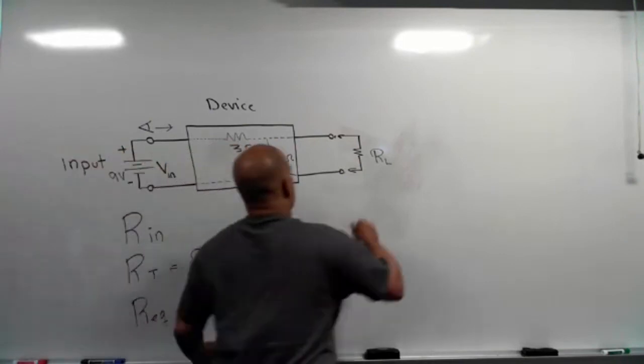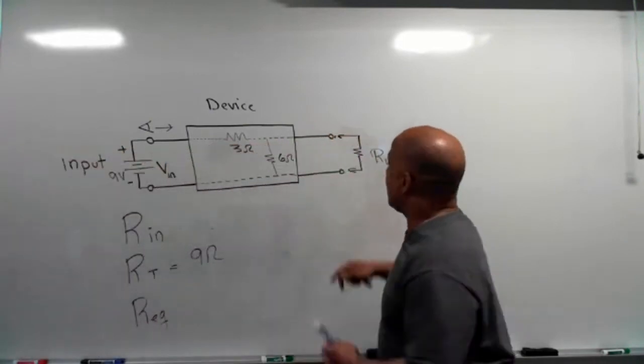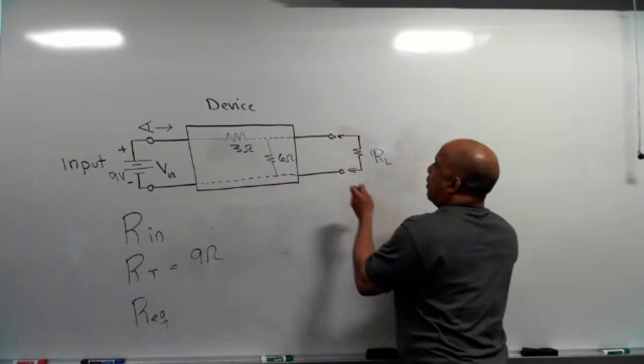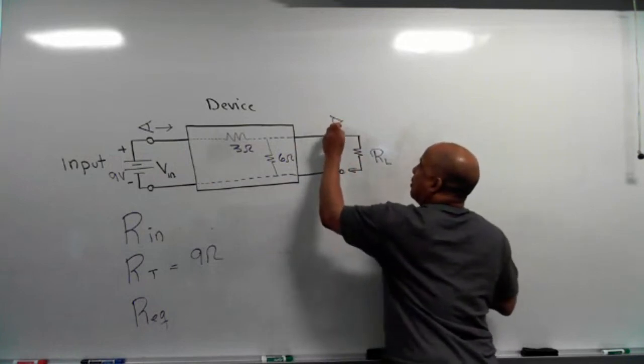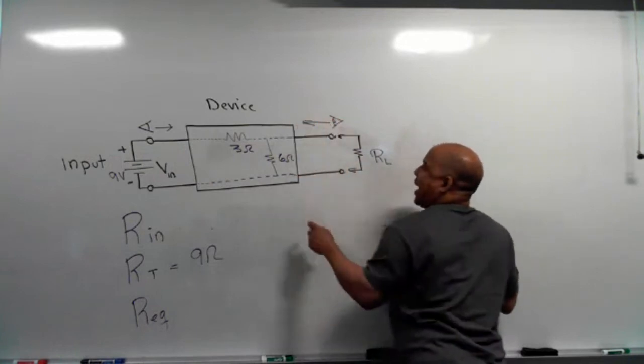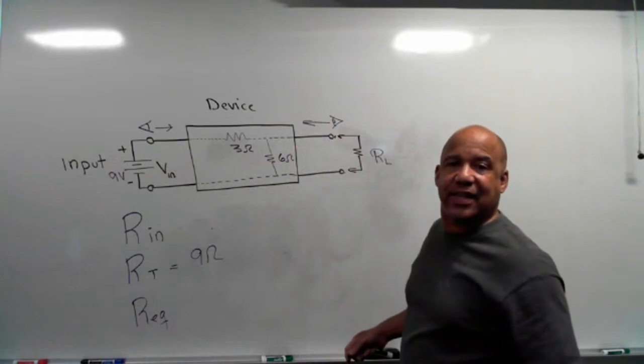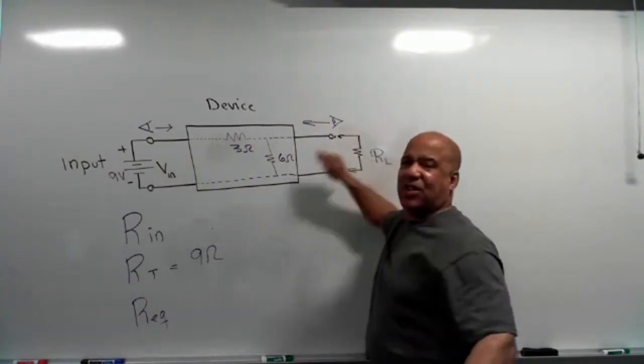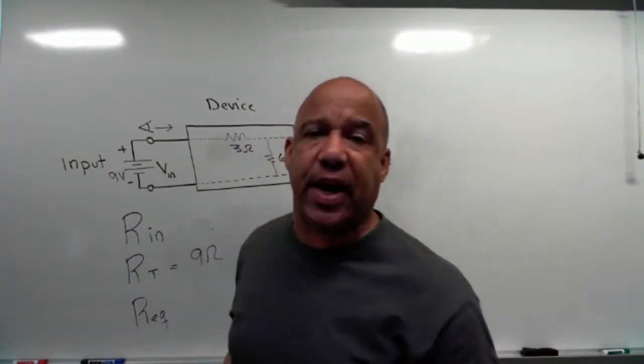But I can also look from the point of view of the load. In other words, if this thing had an eyeball and it's looking in that way, how much resistance does it see? Now, to answer that question, there are some things we've got to do, and we'll get there in just a second.